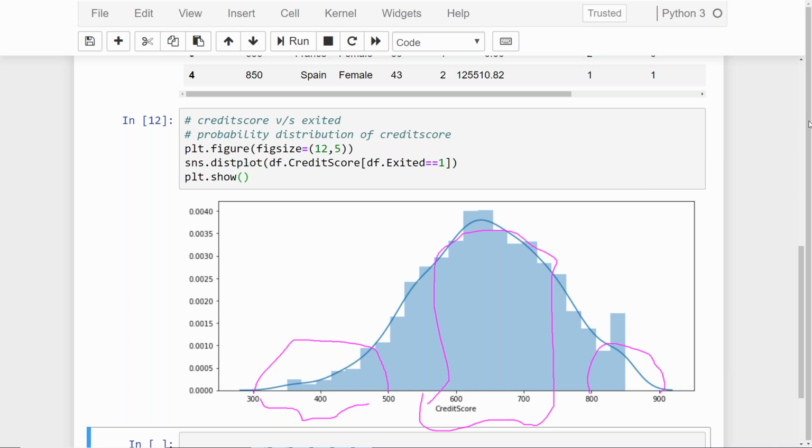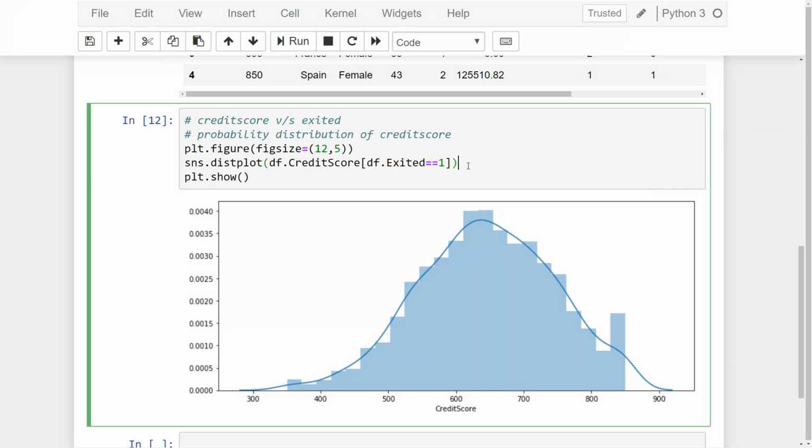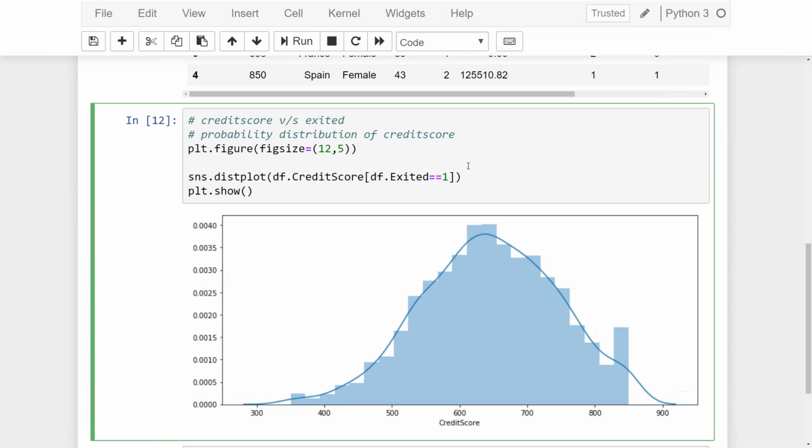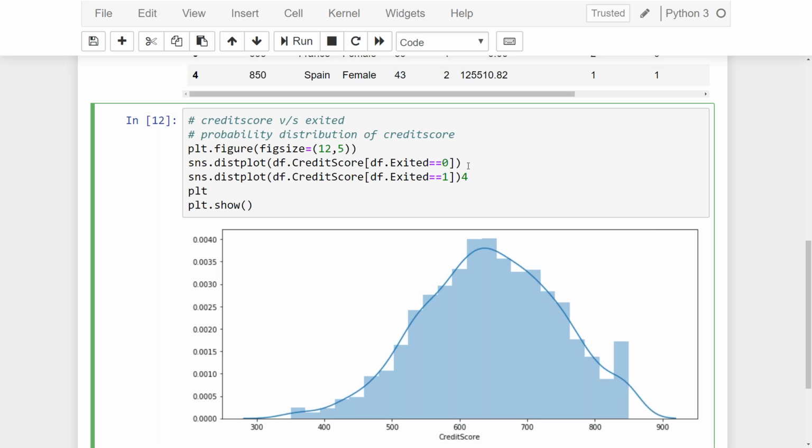Now this still doesn't give us a complete answer about whether credit score is an impacting feature or not. So let's compare the credit score of customers who are not leaving as well. We're going to simply copy this and put it here, put exited equal to 0 and 1, and put plt.legend, 0 and then 1.